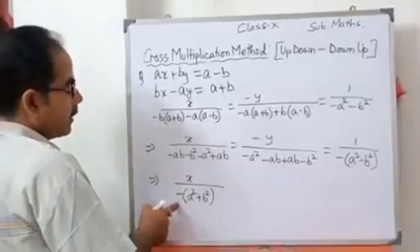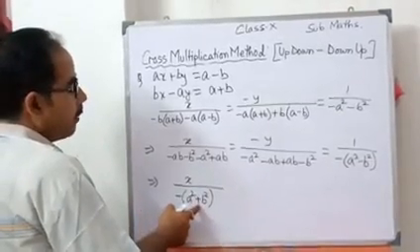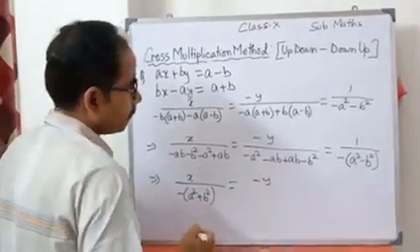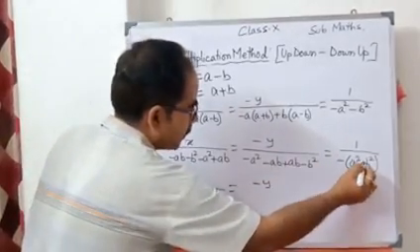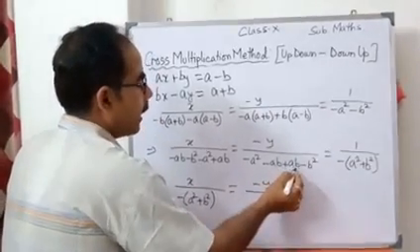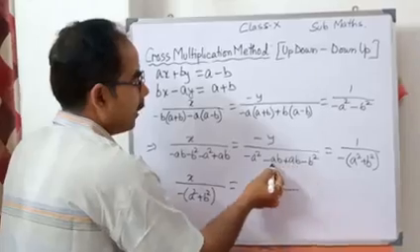If you are taking minus as common, here it will come as positive, that is equal to minus y by, here also it will be positive, minus y by, here ab, here positive ab, here negative ab.